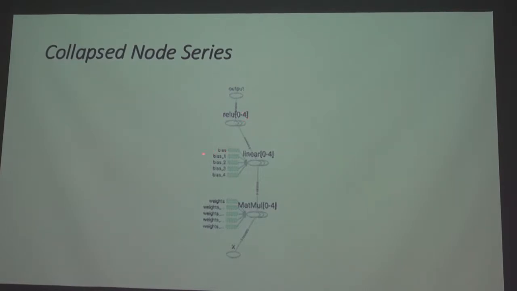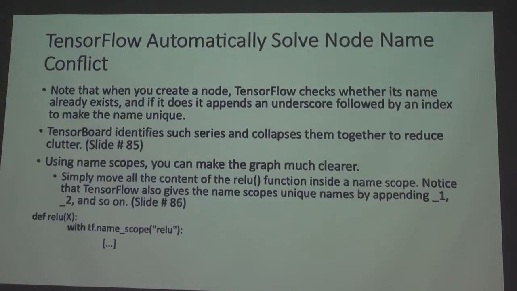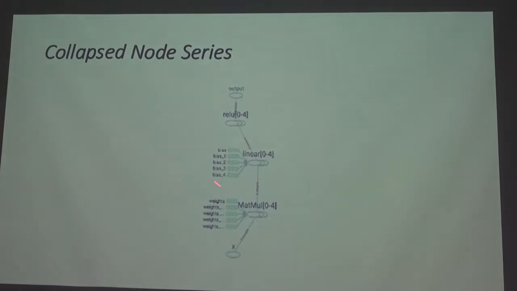And you have bias_1, bias_2, bias_3, bias_4, because after the first bias, every time a bias is created, TensorFlow finds that the name is already there, so it uses this rule to create the name. It attaches an underscore with an additional index to avoid name conflict. But this looks ugly, right?